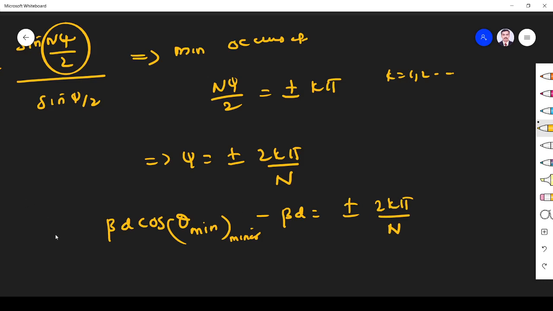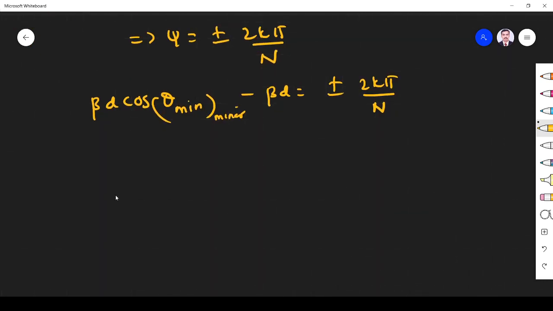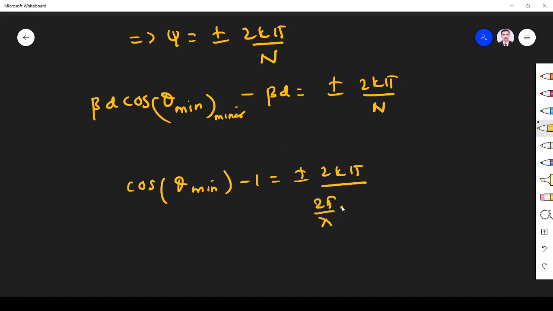If you simplify this equation, cos theta minimum, I take beta d outside: cos theta minus 1 is equal to plus or minus 2k pi divided by beta d n. Beta is 2 pi by lambda, so beta d n is 2 pi by lambda into d into n. That is equal to plus or minus k lambda divided by nd.